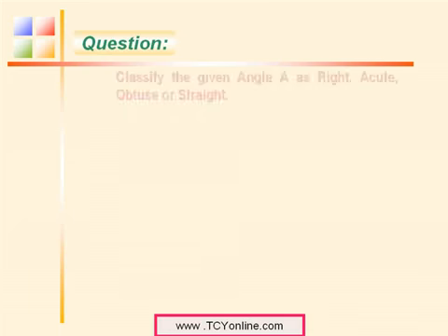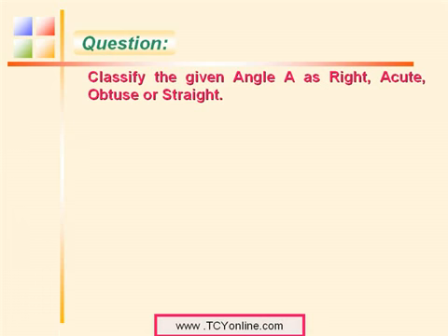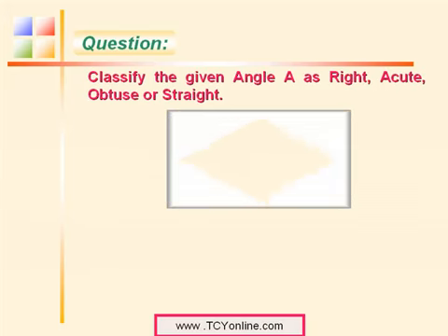Now let's look at one more question like that. Again, we need to classify the given angle A as right, acute, obtuse or straight. This is a figure of a measuring funnel. And we need to identify this angle A. Simply when we give a look at this angle, we find that this is not a straight angle because it is not making a straight line.